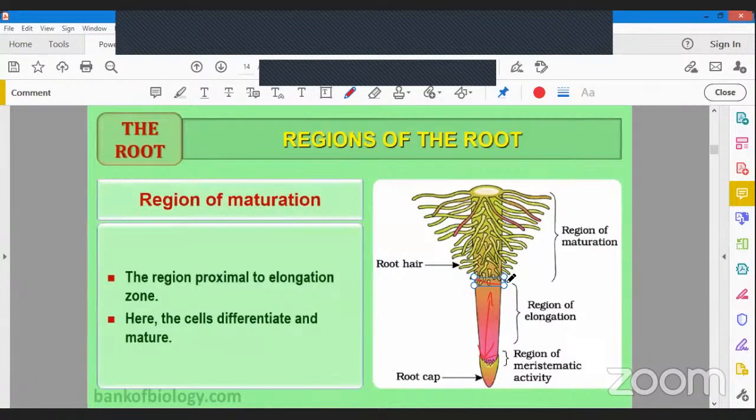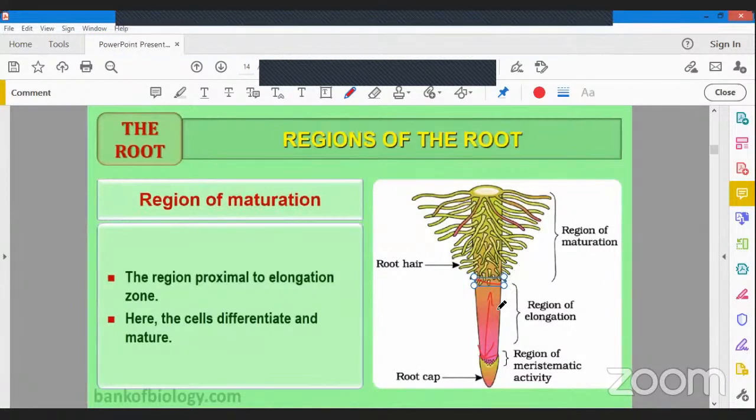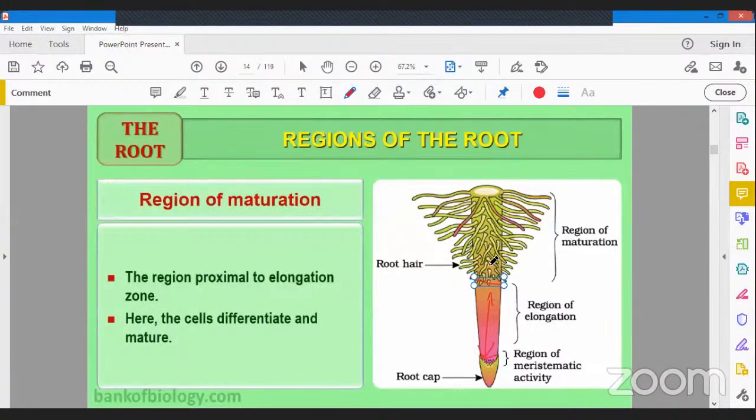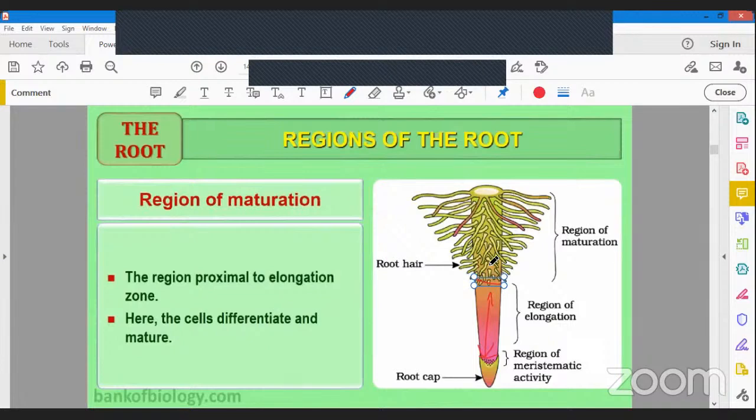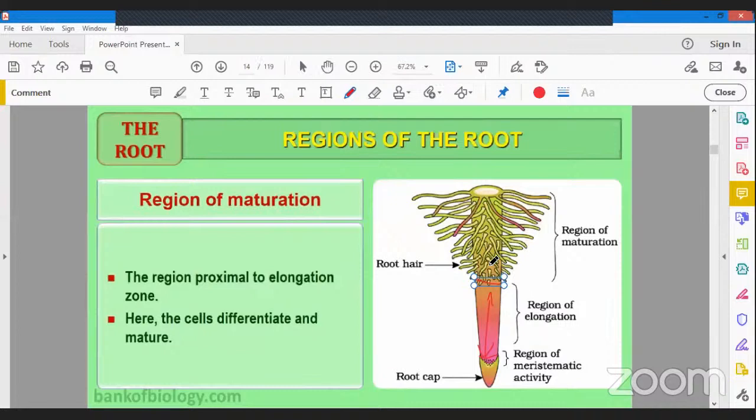So what do you mean by that? Meristematic cells will differentiate for specialized functions, for example, they may become parenchyma, sclerenchyma, xylem or phloem. The cells mature, so that is why it is called the region of maturation. Take it down.